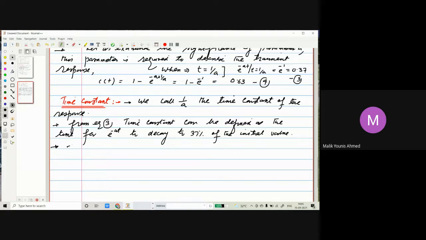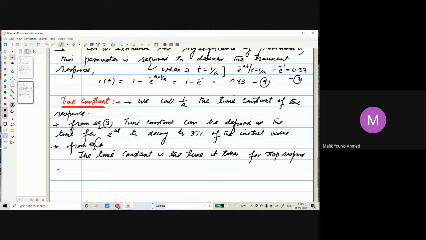Because the input is a step, we call it the step response.